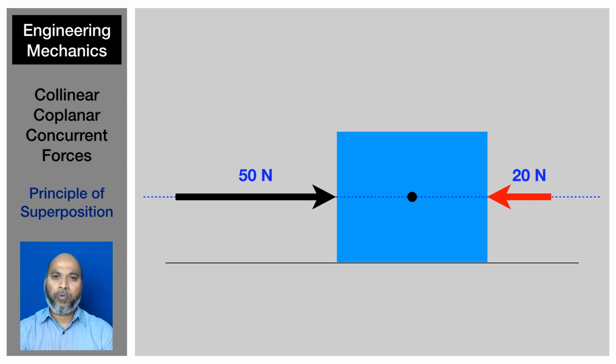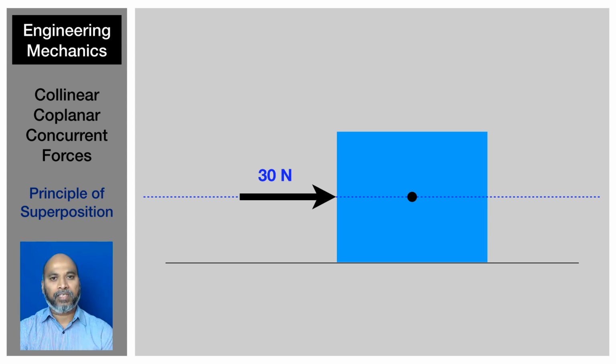Now going by the principle of transmissibility that we looked at in the previous slide, if I move this force back to the other side, it shouldn't make any difference. Now that we have moved this red force onto the side, you can see clearly the 50 newtons and the 20 newtons, they're overlapped with each other. It is pretty straightforward. You can apply this and put a 30 newtons instead, and it will not make any difference. They are all one and the same.